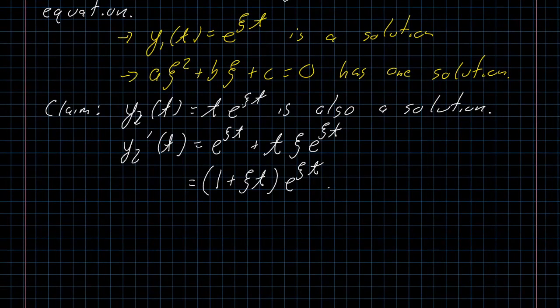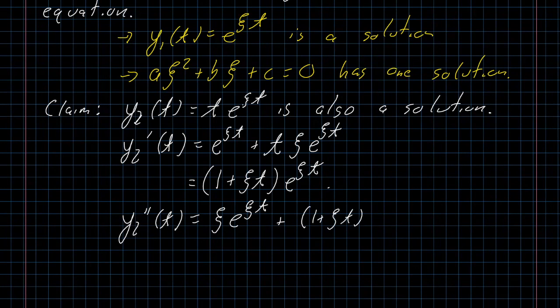Let's take a second derivative. All right, derivative of the first times the second. The derivative of 1 plus ct is c, times e to the ct. And then we'll have 1 plus ct times the derivative of e to the ct, which is c times e to the ct.